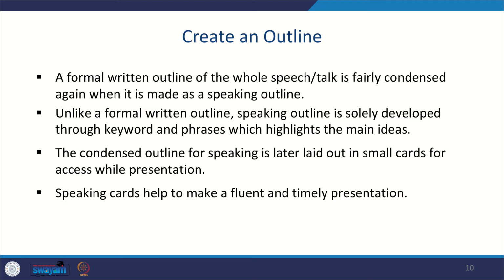Of course, in today's age it may appear to be very redundant, but still there are traditional speakers who bring some cards, and with the help of the cards they keep on, because they want their talk or their speech or their presentation to be very systematic. Speaking cards help to make a fluent and a timely presentation, my dear friends. And through this you can always ensure that your audience members are in sync with you.